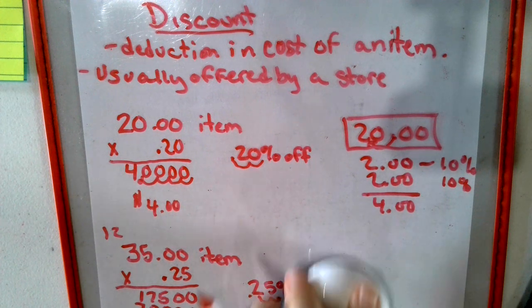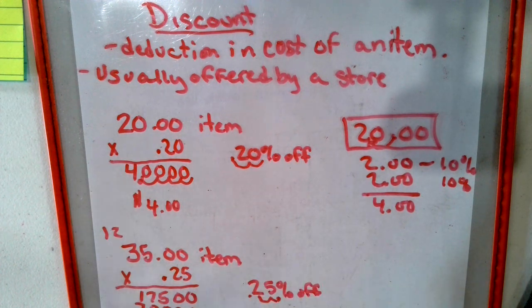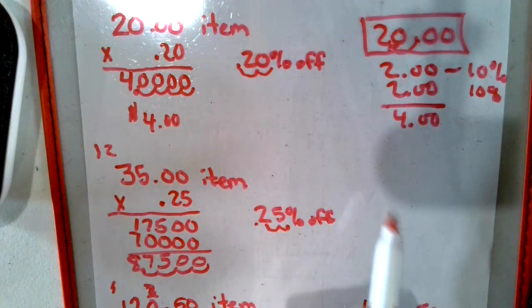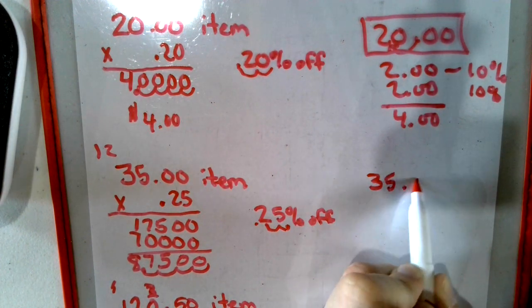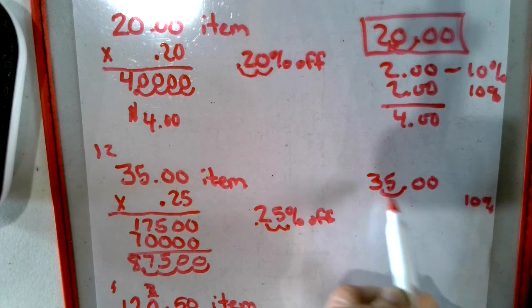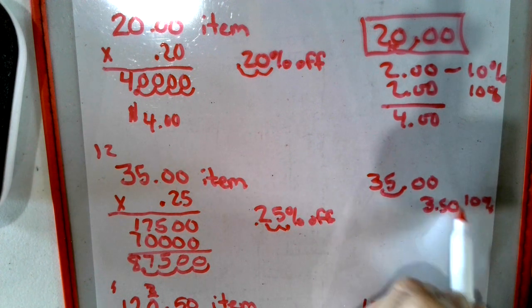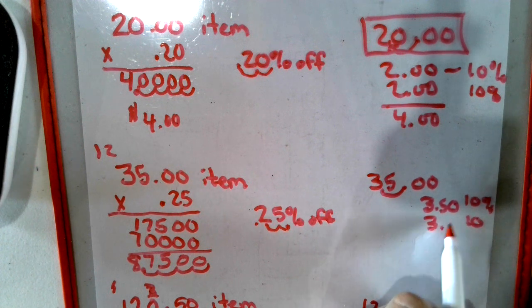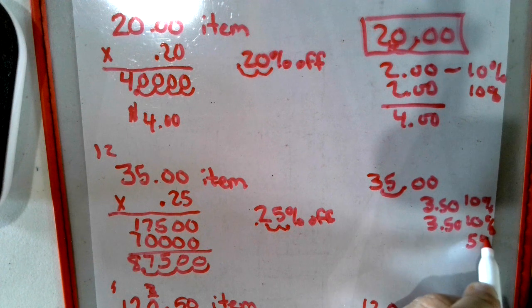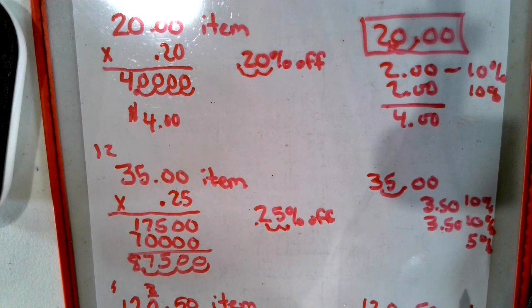Now, it gets a little more tricky when you're doing this stuff in your head and you're in a store. So like $35 for 10% off: you jump it one spot, so that's $3.50. And another 10% off, that's another $3.50. But then we only need a 5%, so we need half of $3.50.